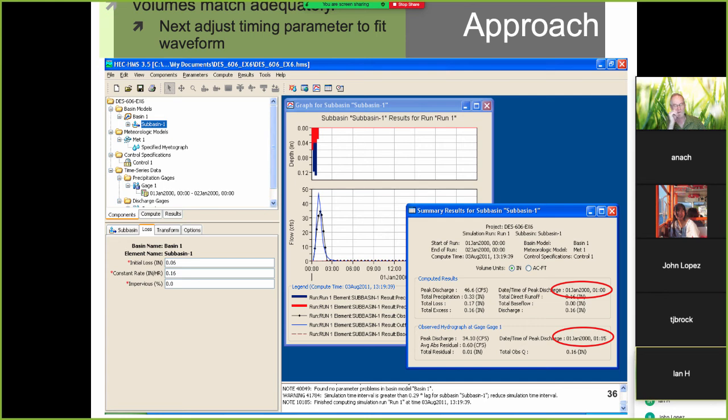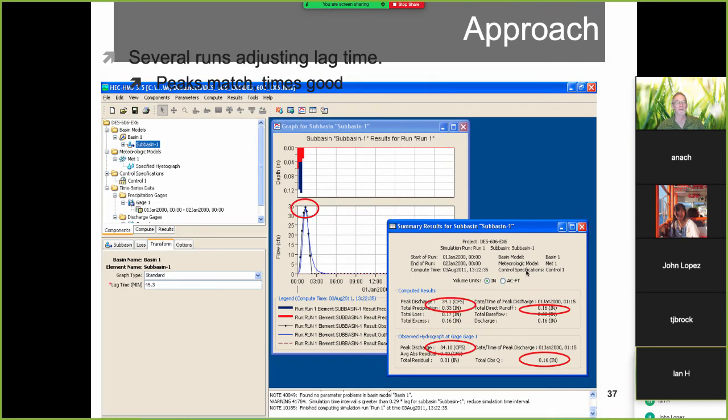In this case, we'll put in the constant loss rate of 0.16 inches and then rerun the simulation. And here we have the loss and then the excess. Now we have a pretty decent fit of the peaks, and in fact, our main error occurs right there.